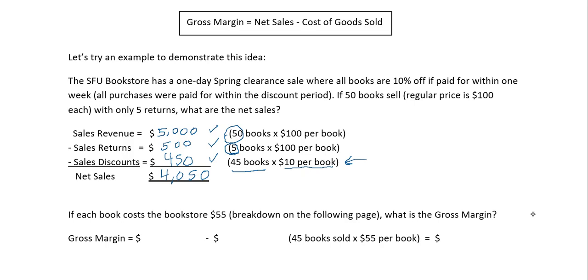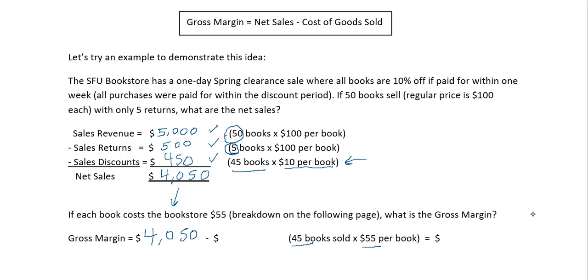So first and foremost, we have our net sales. This net number is coming straight from above, straight down. 4,050 are net sales, and we're going to subtract off a cost of goods sold. So I've given you number of books here and the cost per book.